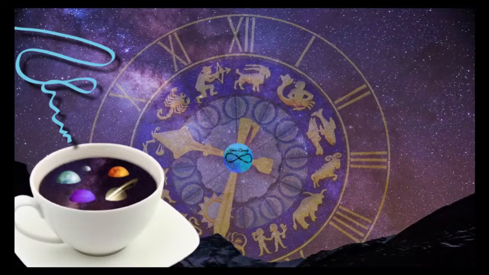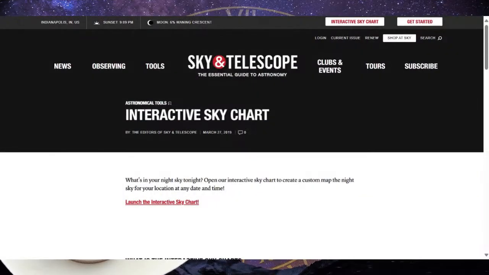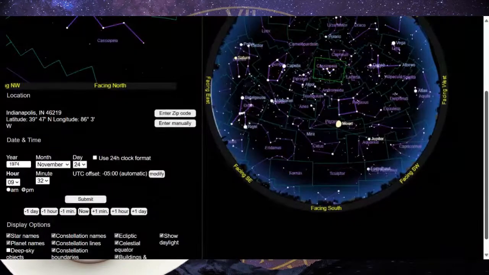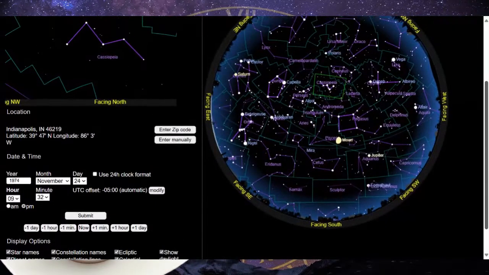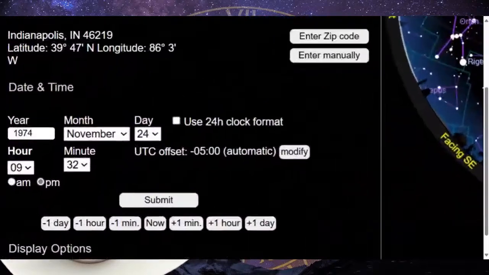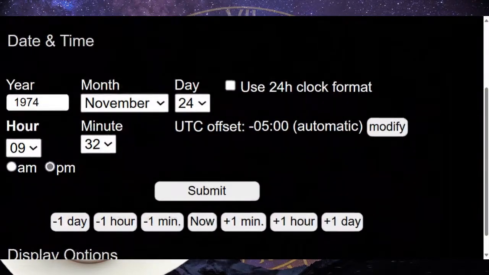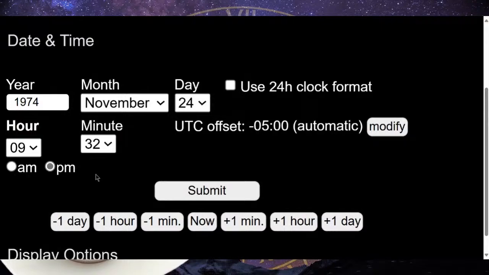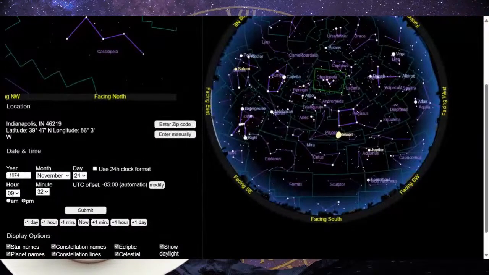Now, another tool for looking at the sky would be the skyandtelescope.org website. There you can have another viewpoint perspective of the sky. So here's an example. As we see here, I put in my date of birth and time. Over here, this is the northern hemisphere.